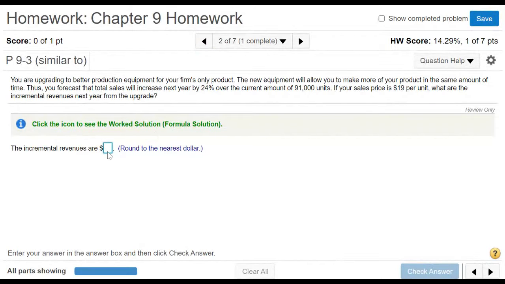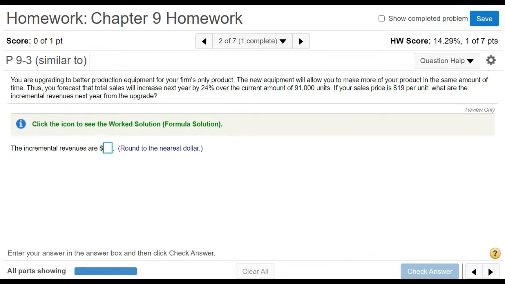This one, you're going to say 91,000 times 0.24 times 19. You can never add or do a percentage; you've got to convert it into a decimal. Sometimes you just need a little refresher, a little reminder.